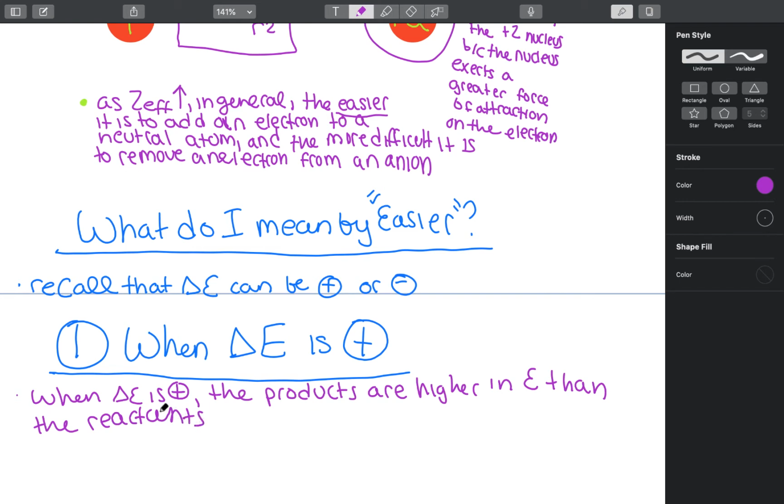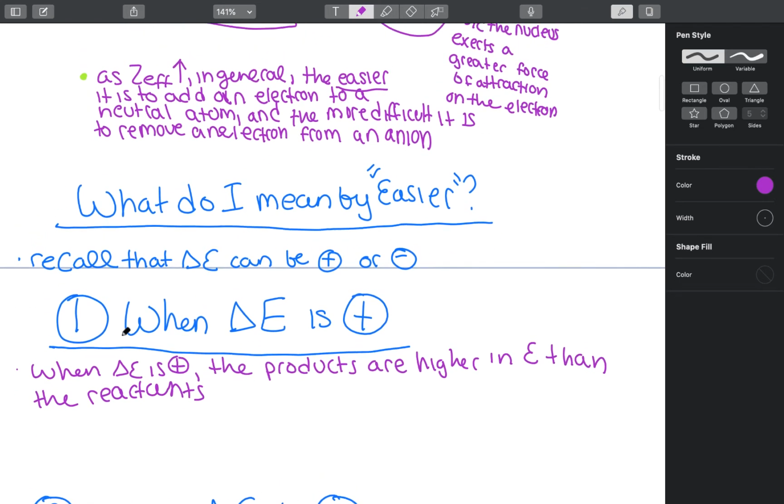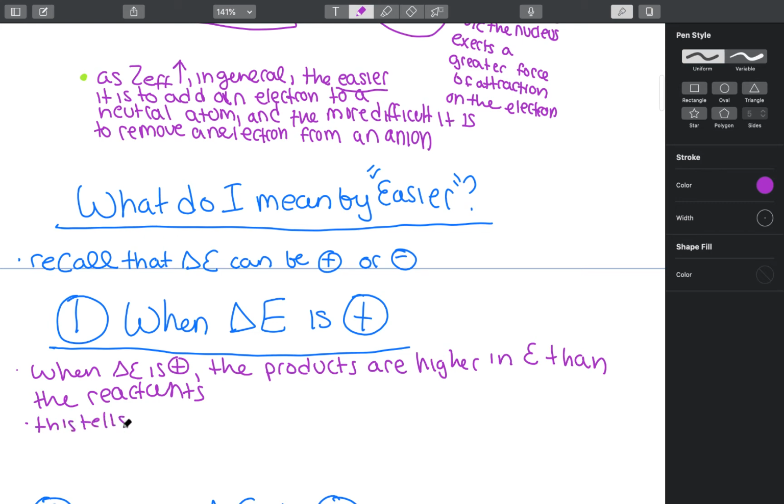So why is that so significant? Well, this tells us that the products have more energy than the reactants.